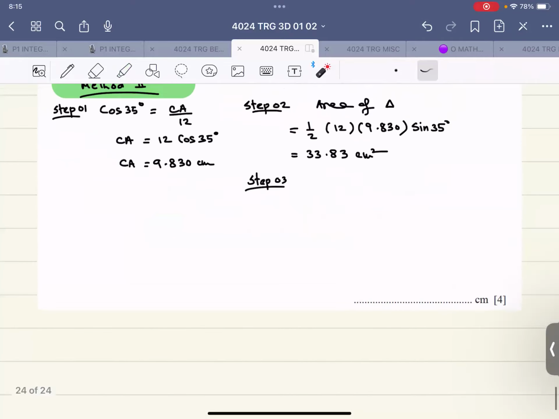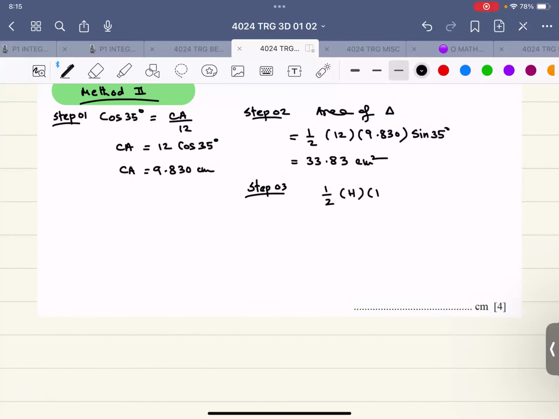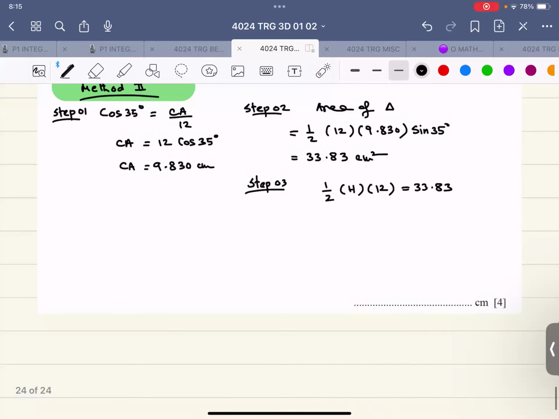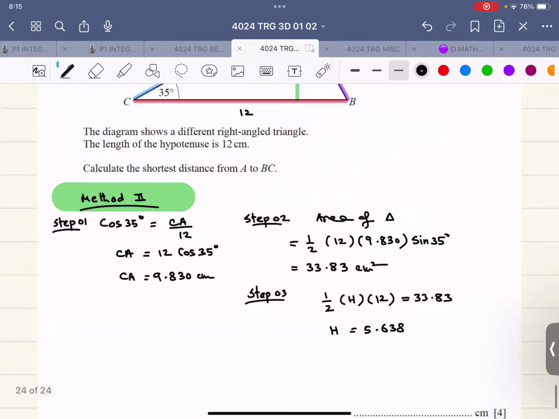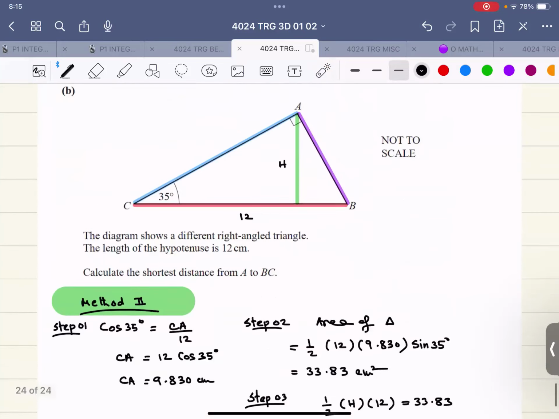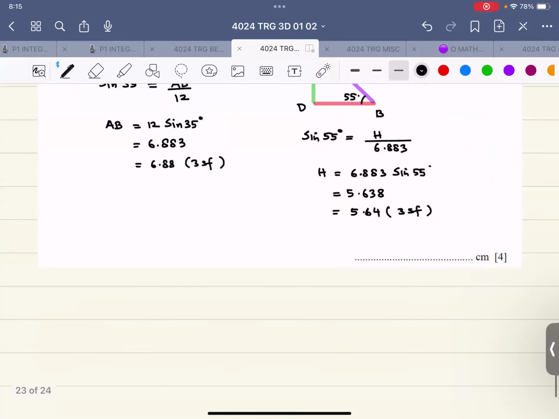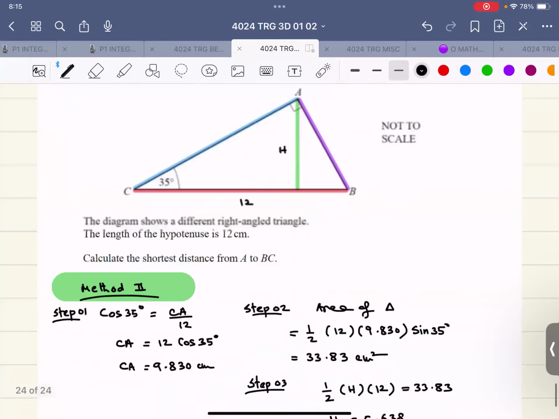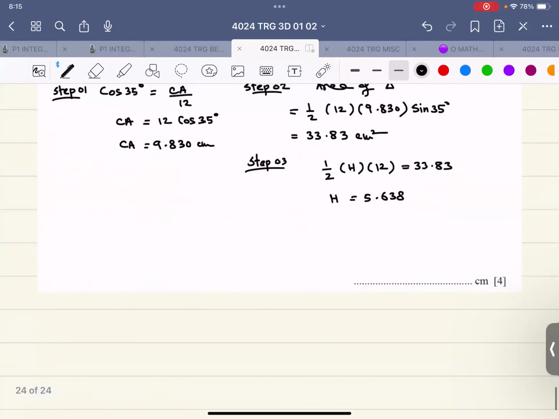So half into h into 12 equals 33.83. Dividing by 6, h comes out to be 5.638, the exact same thing as before. 5.638 or 5.64 centimeters, correct to 3 significant figures.